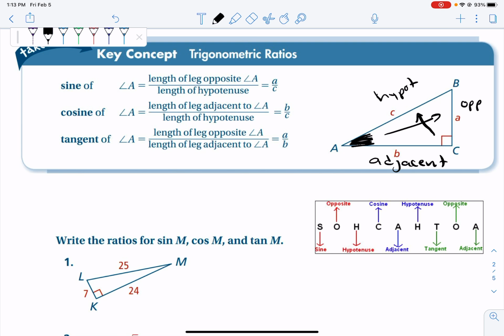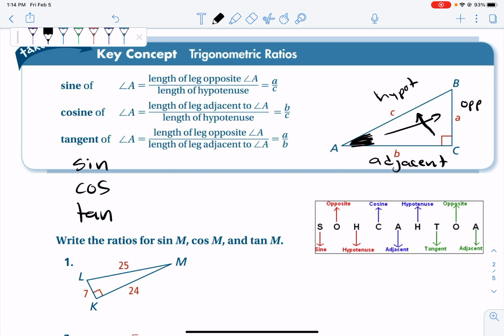So the three ratios that we are interested in are called sine, whoops, if I could spell right. We're looking at sine, cosine, and tangent. Now, the way that I write these ratios is after I write sine, I can't just start writing the ratio, because sine is a special ratio of a certain angle.